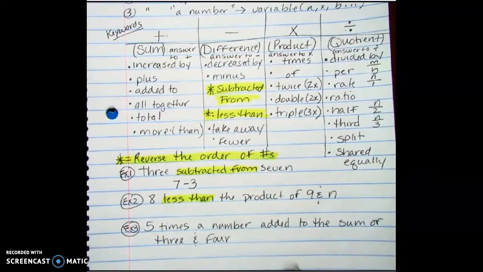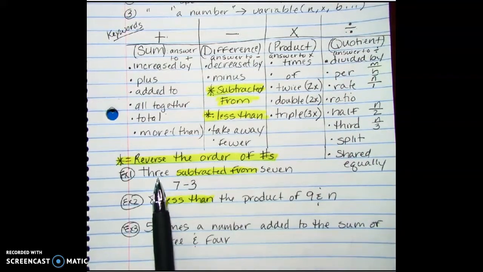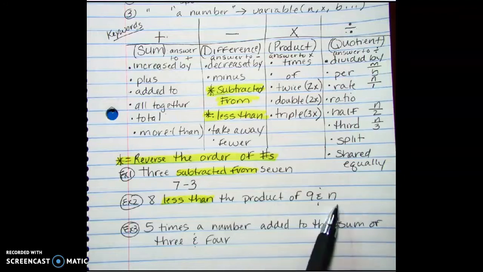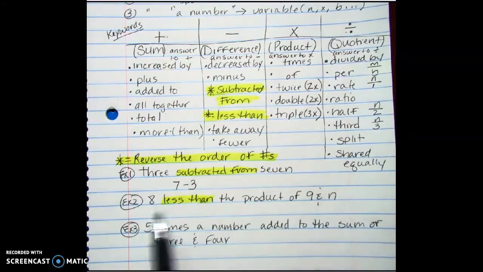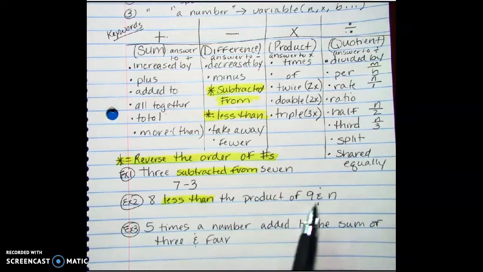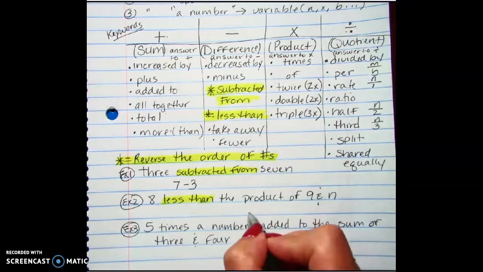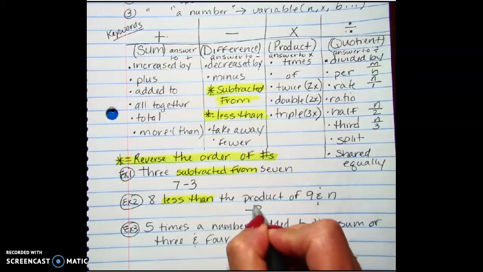Oh, and by the way, 3 became a number. There is no variable in this, and that's okay. In this one, we do have a variable, and they gave us the variable to use. This one says 8 less than the product of 9 and n. So it says to reverse the order of the numbers. So if I have 8 less than, if this was 3 subtracted from, that means I have to have minus 8.